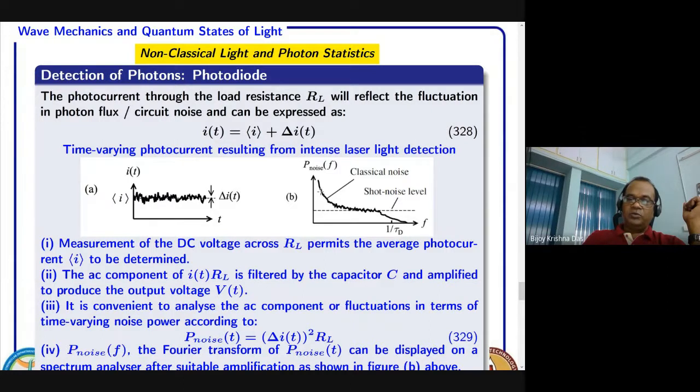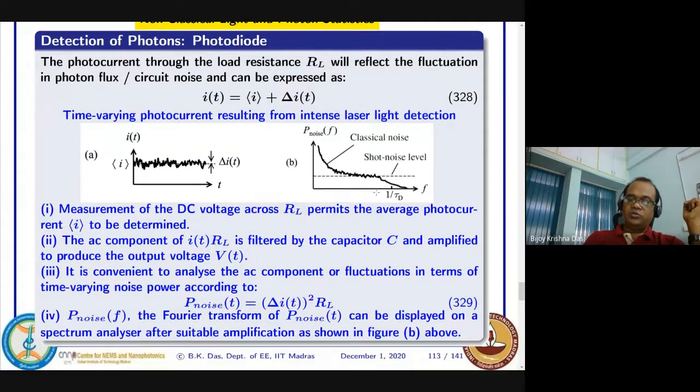And we try to find what are the sources of this type of noise. One noise source is photoelectron generation, and this photoelectron generates some current and you can get this.